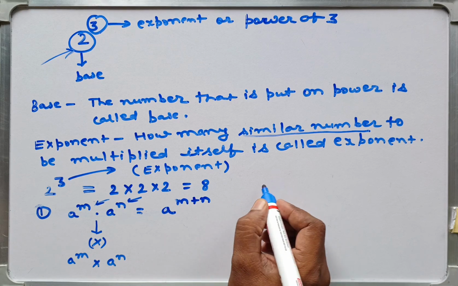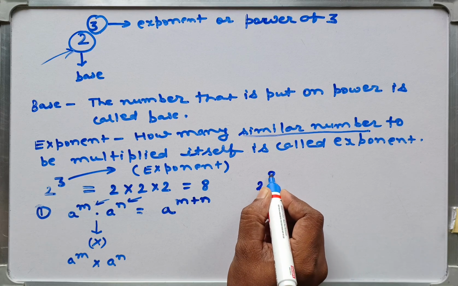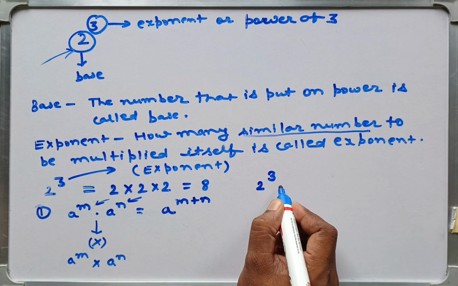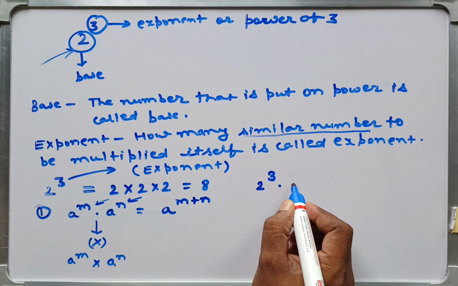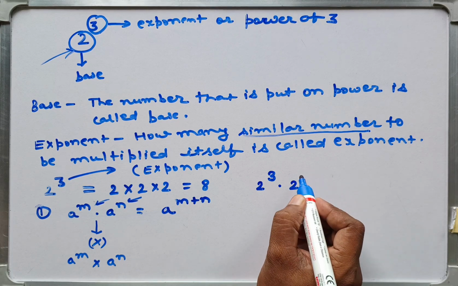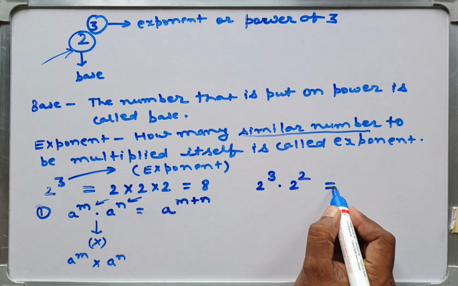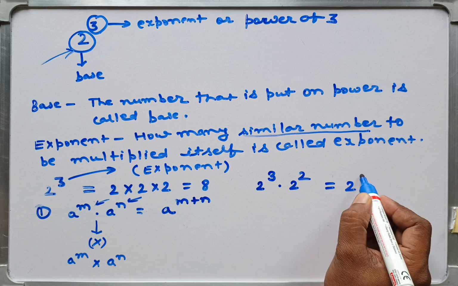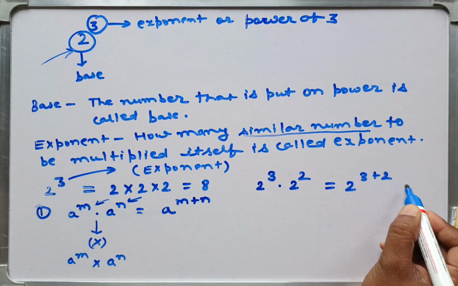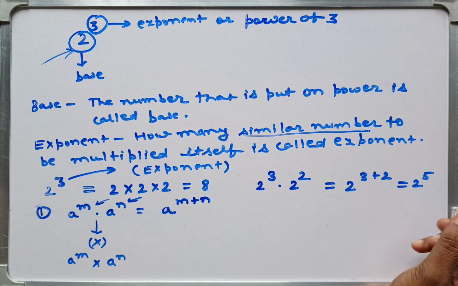See, suppose here 2 to the power of 3, and here dot, the same base 2 to the power of, suppose, 2. What can we write? 2, then 3 plus 2, so this becomes 2 to the power of 5.